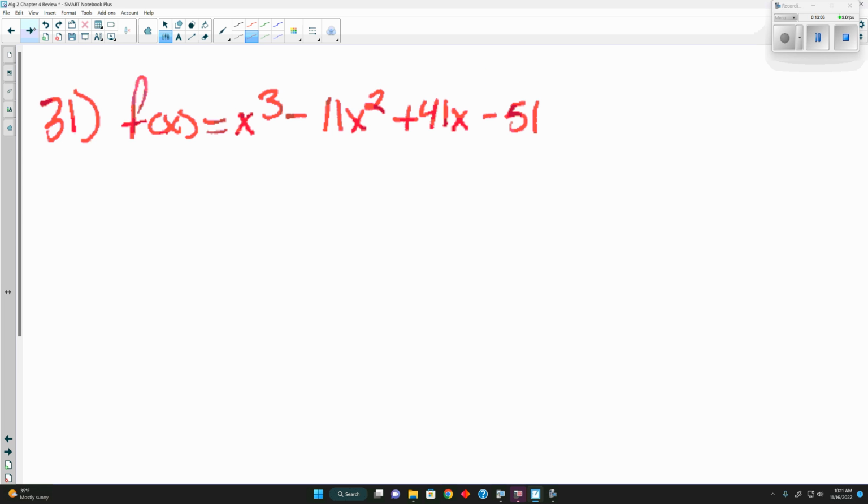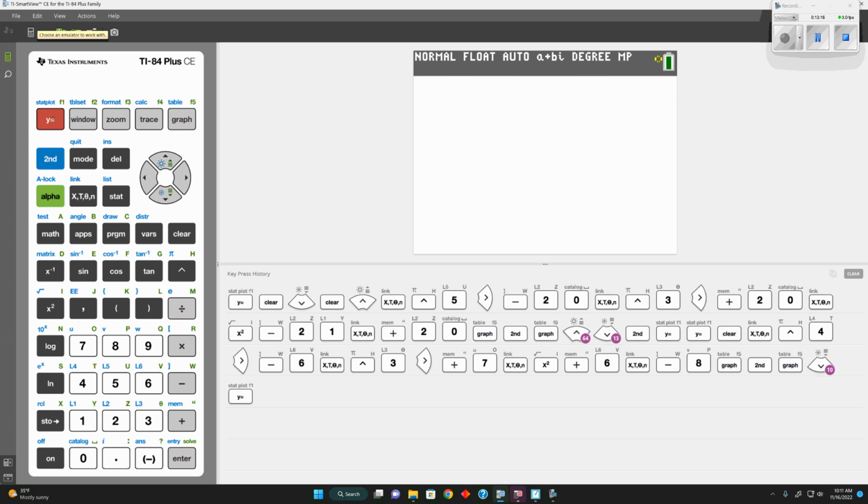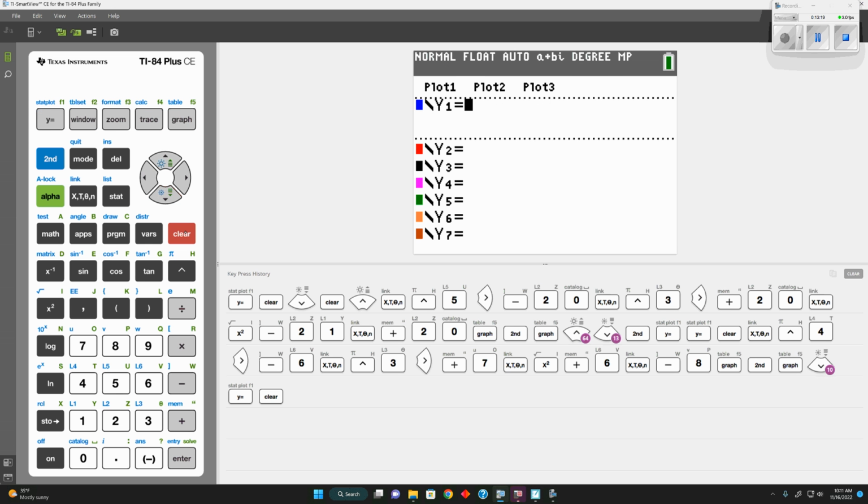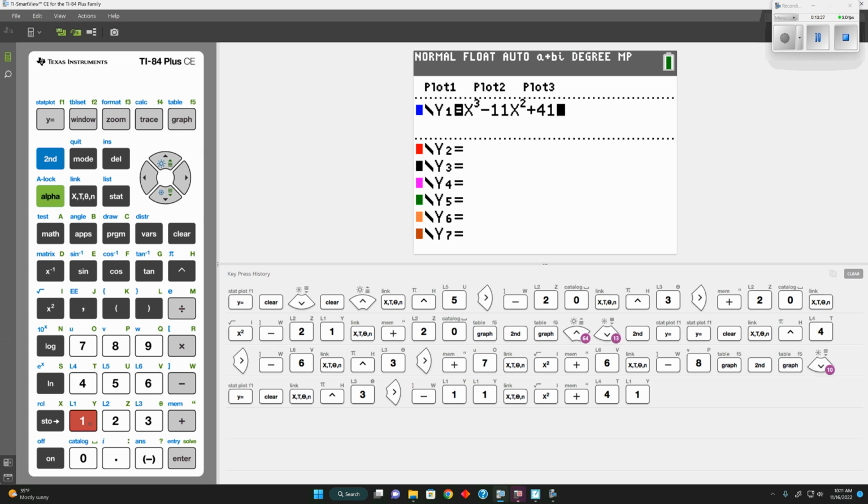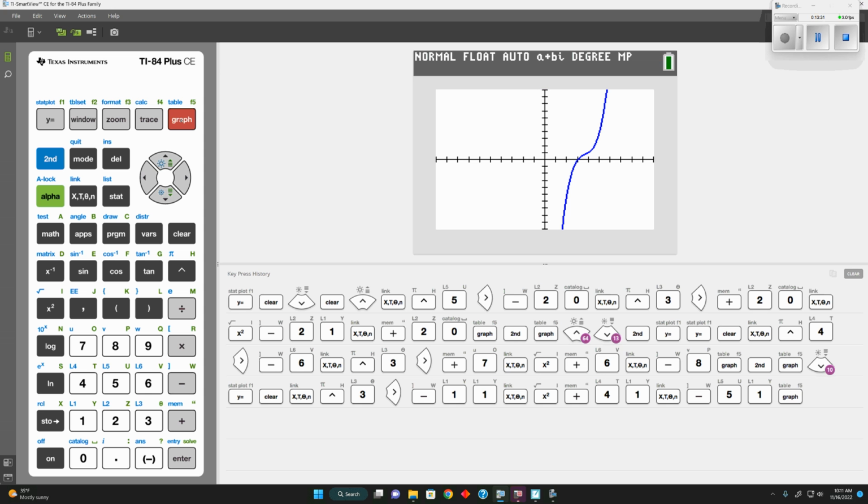So how many solutions are we looking for here? 3. At minimum, how many do we need to find? 1. So let's graph it. Y equals x to the 3rd minus 11x squared plus 41x minus 51.